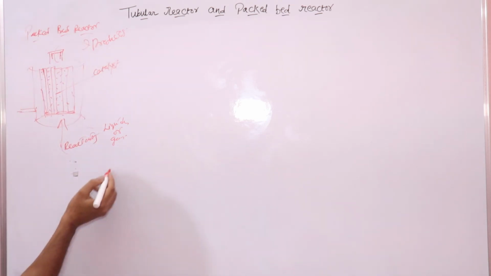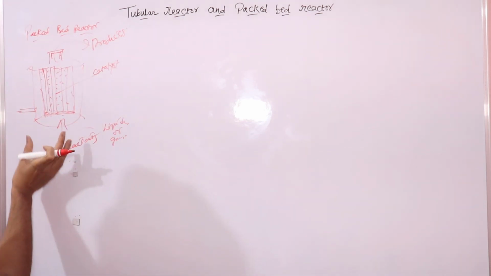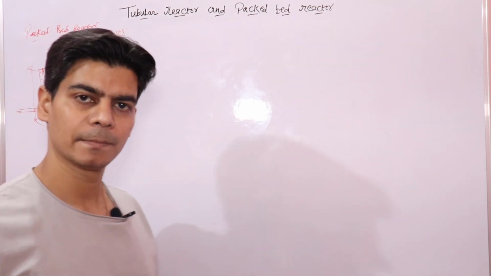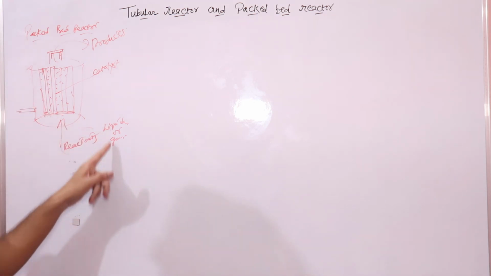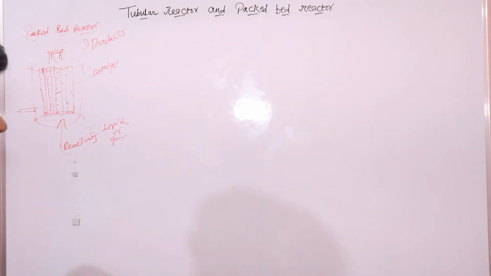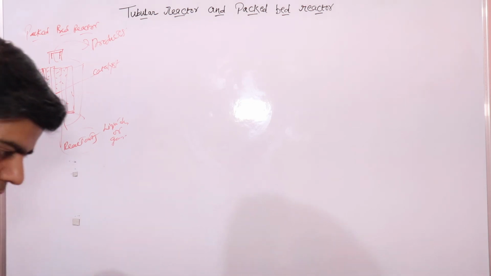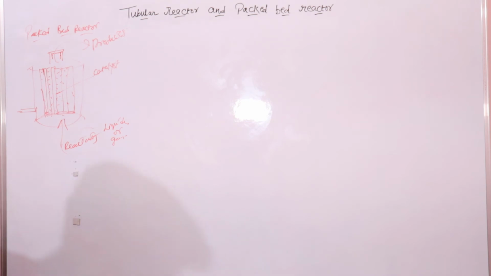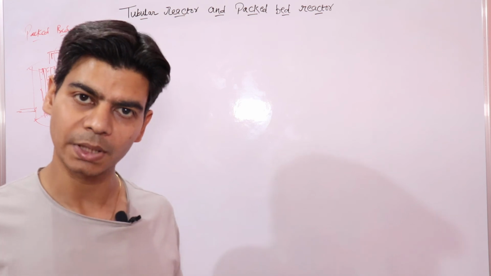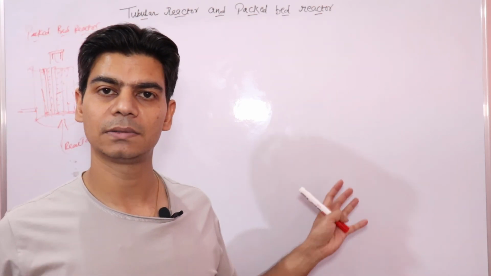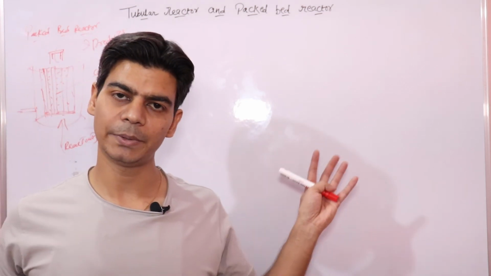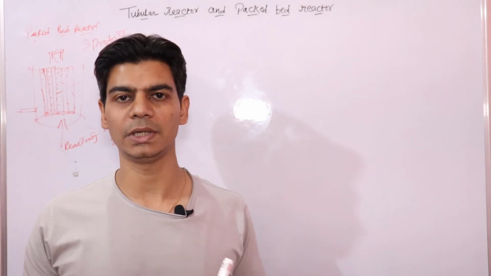So we have a liquid or a gas passing through this bed of catalyst, where the catalyst will catalyze the reaction between the reactants. In this case we will consider the mass of catalyst, whereas in the previous reactors we considered the volume of the reactor.